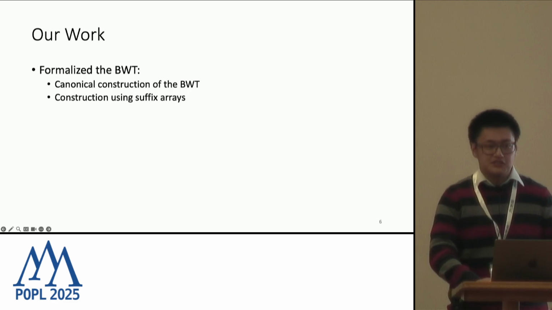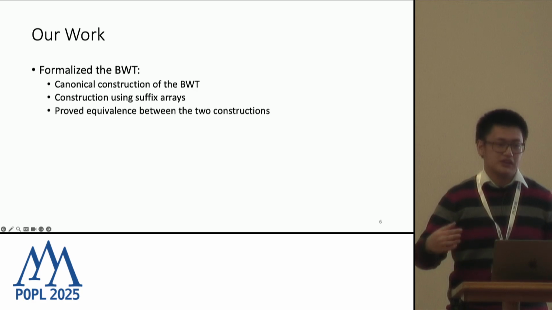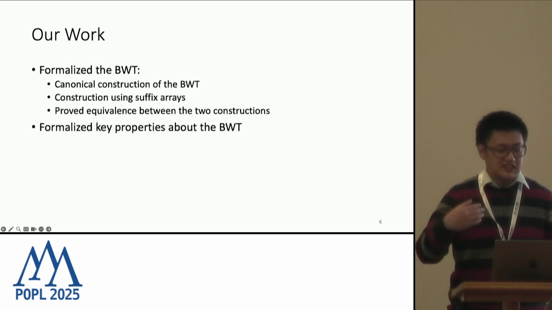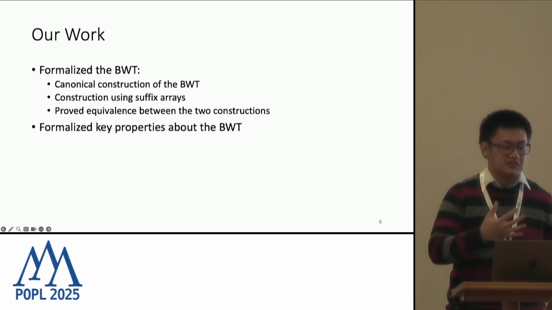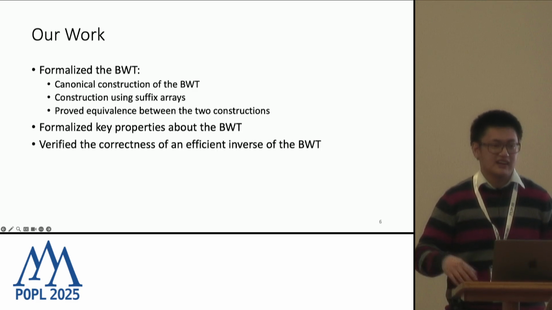With those two constructions, naturally you want to prove equivalence, that is, that they both produce the same result. Building on this, we then prove key properties about the BWT so that we can verify that it is invertible.